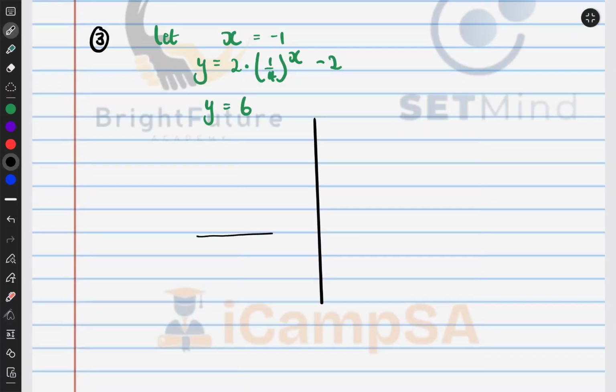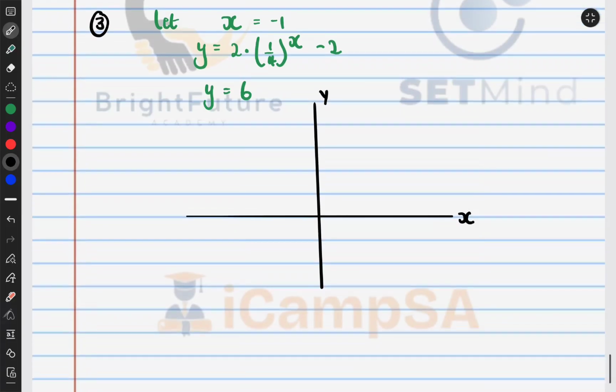This is the x-axis, this is the y-axis. We know that the function will cut the x and the y-axis.